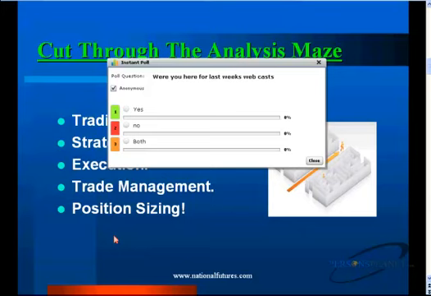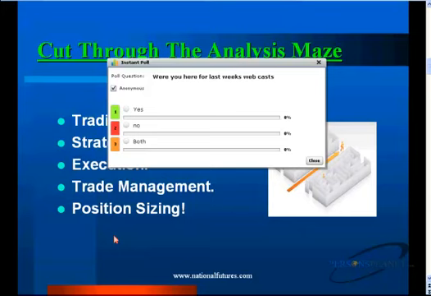Once you do have a good idea, or at least a foundation of a strong concept of a trading idea, your next level is to look for a strategy. What's your best strategy? And then, of course, execution. If you've got a great setup, a great signal, and you have your strategy and you put your order in and you can't get filled, then that's a problem.